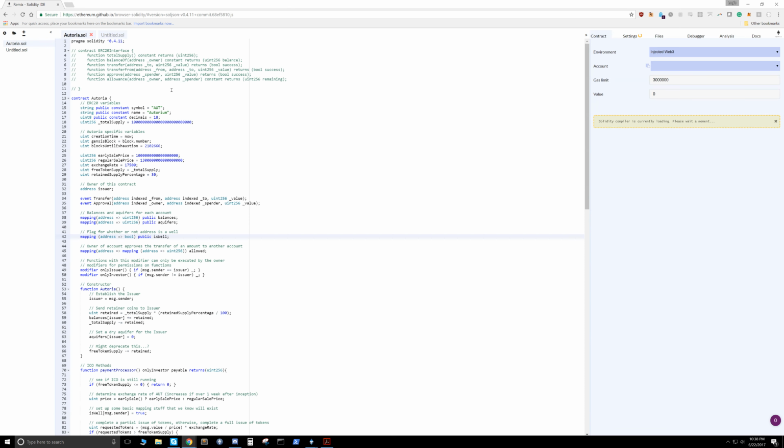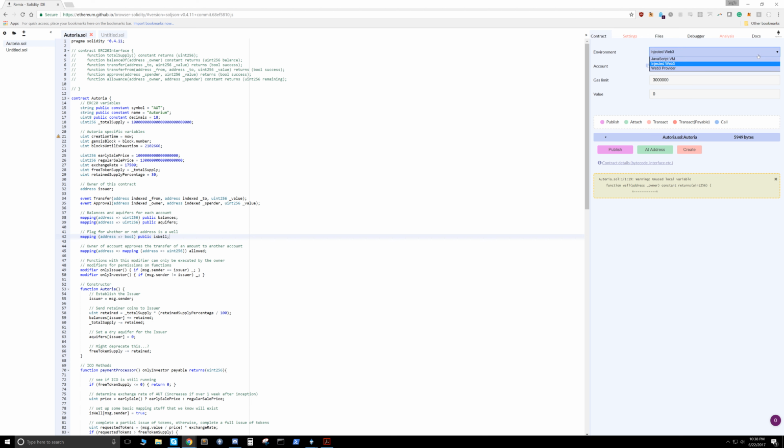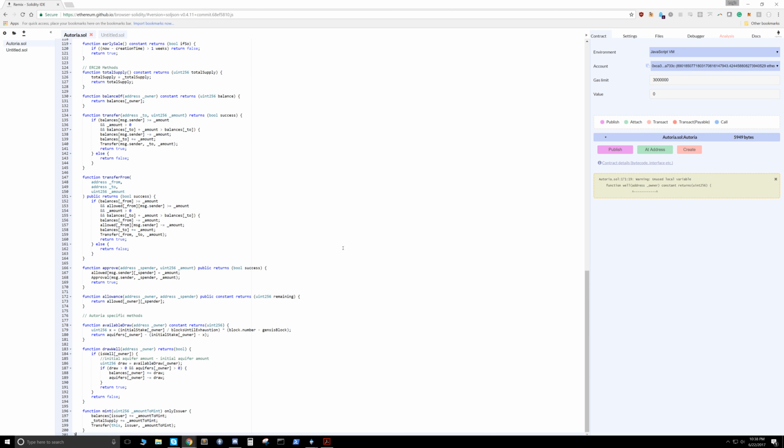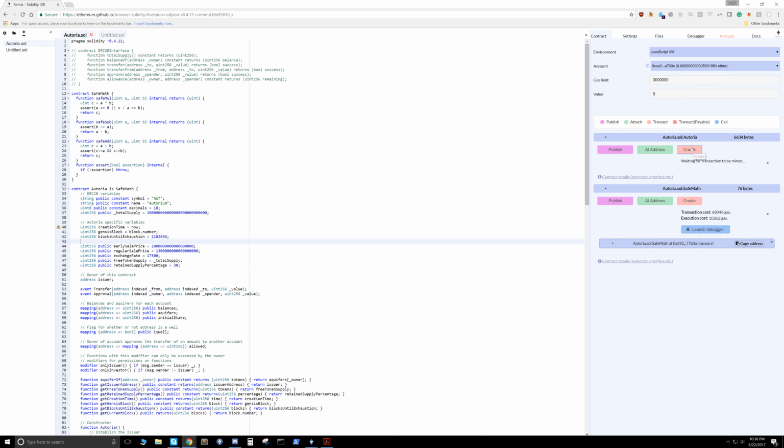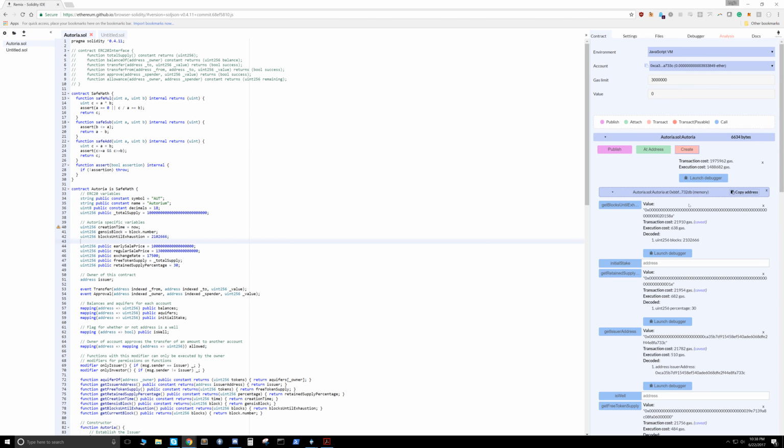This is going to allow us to access a plethora of just basic addresses. Let's use a new one with safe math. All right, so deploy, and you can see everything's getting deployed.